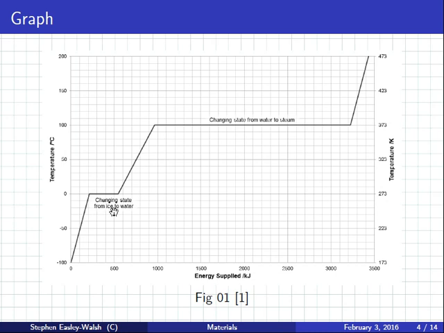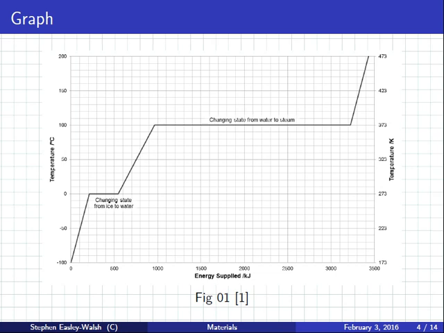The energy which was causing the temperature to increase instead is causing it to change from a solid to a liquid. Then when it reaches 100, the energy no longer increases the temperature but instead changes the liquid to a gas. Then once it's a gas, it can continue to warm up again.